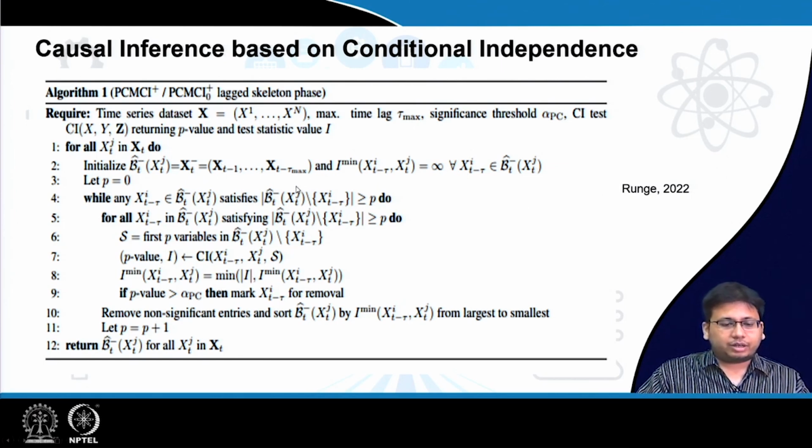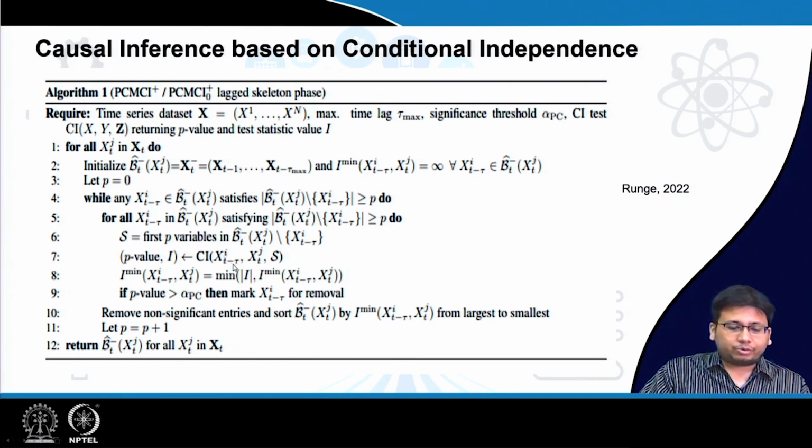Basically this is how the algorithm works. I will not go into the details of the algorithm, but once again the basic idea is that it takes this set S, the conditioning set, which is chosen in a smart way using the data structure, and once that conditioning set is chosen, then we do this CI analysis.